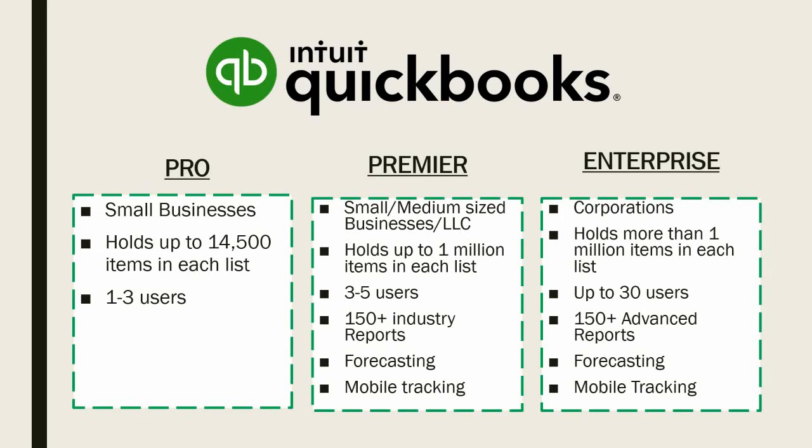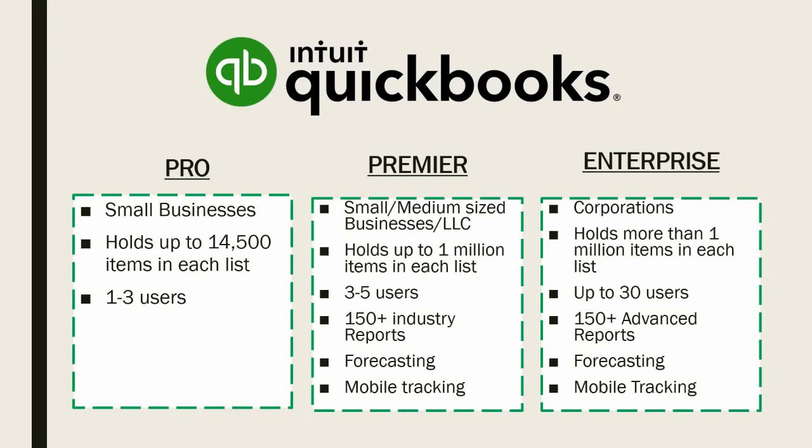So understand that, okay? So with Pro, you think that 14,500 is too little? Well, you can always upgrade to Premier, okay? But even with a small business or even a medium-sized business, 14,500 is actually decent for a small business, all right?